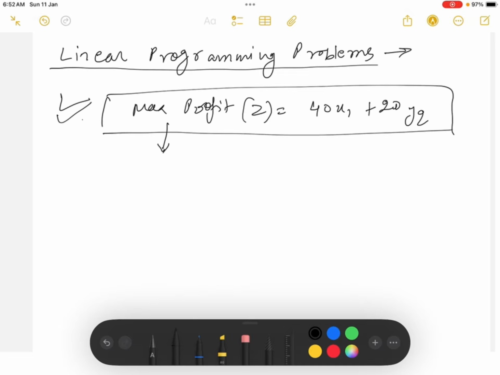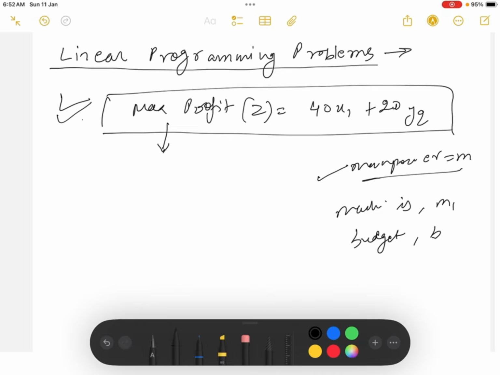For example, say manpower is M, machinery is M1, and the budget is only B. Now we have a constraint here that for every manpower, for example, there is 200 rupees per day, and for every machinery we spend 400 rupees per day. So now these are the constraints in an LPP. I am just giving it as an example.